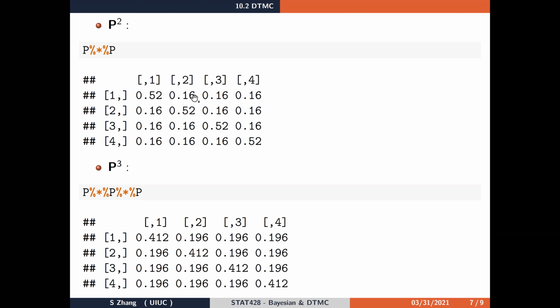There's a 16% probability you will go into state 2 in 2 steps, etc. And this one below is P raised to the third power. For example, if you started in state 2, then there is 19.6% probability you will end up in state 1 in 3 steps.